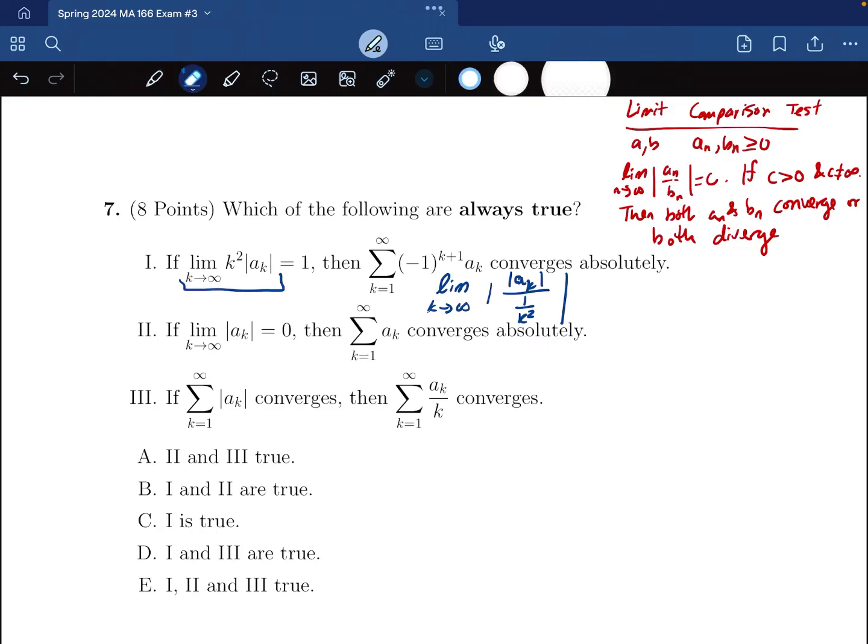And actually, since 1 over k squared is always going to be positive, I can fully extend this absolute value. Okay, and then they tell us that this equals 1.